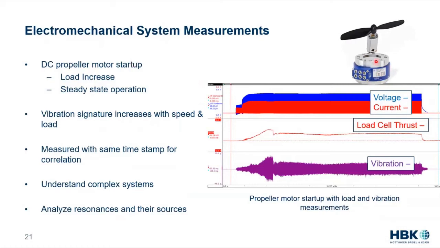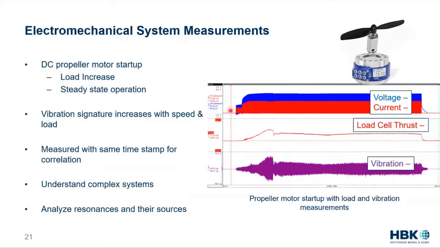This would be a much more simple motor where we're recording voltage and current, DC voltage and current, thrust, and then vibration, because we wanted to look at what is the vibration of this motor out on a lever arm. If we think of the quadcopter again, the motor's out at a distance on a lever.